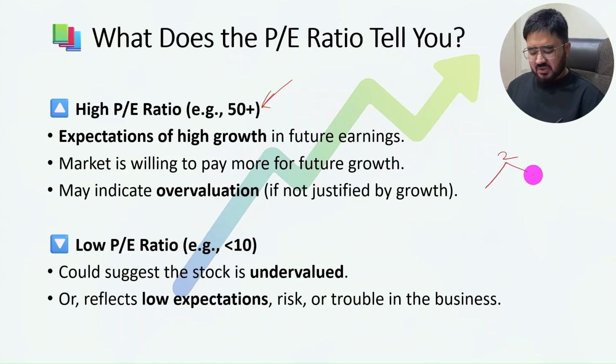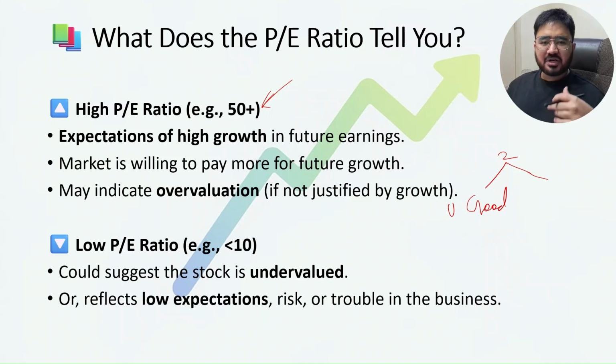Either the company is doing very good and the people are ready to pay 50 times and more of its earnings to acquire a share, or it could be a bubble and it could burst anytime and the price could go down. Okay, so high we have done.